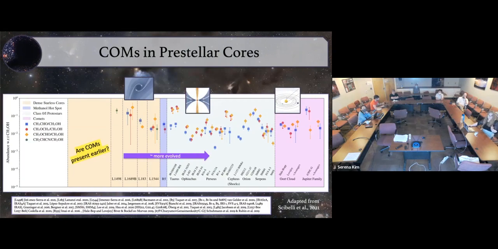So here I show a plot of abundance on the y-axis of different complex organics. For example, the green is that vinyl cyanide that I was talking about earlier, and they're all with respect to another complex organic, methanol. In each colored region are different types of objects.